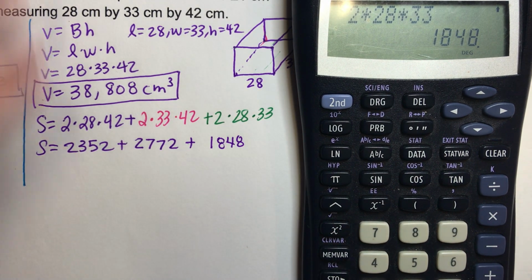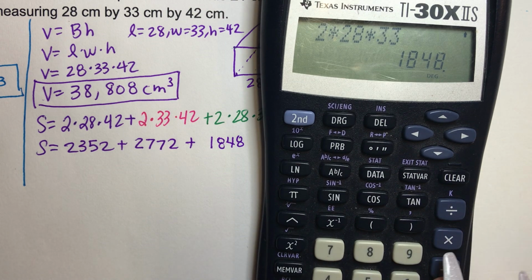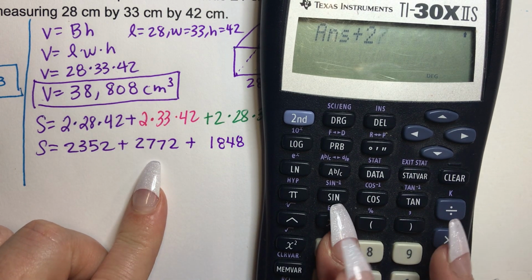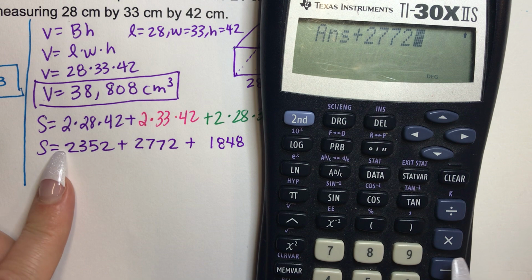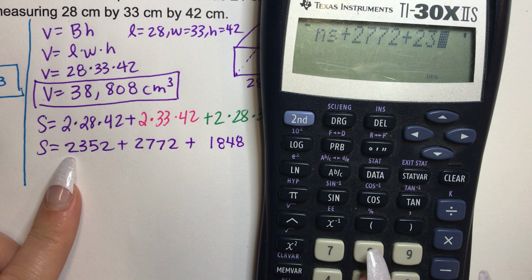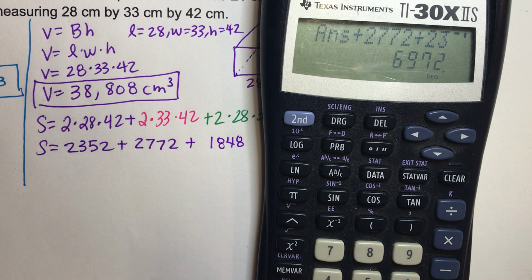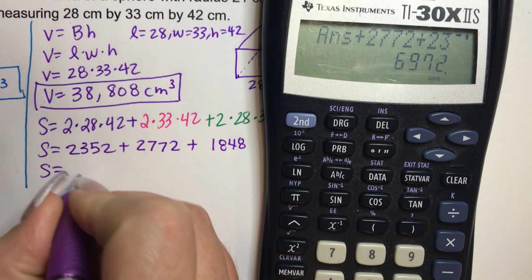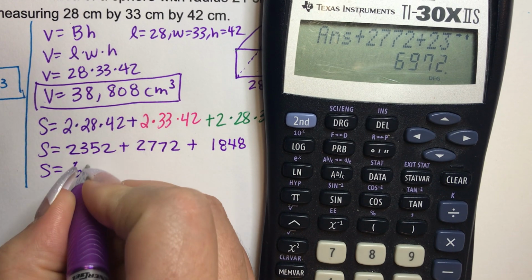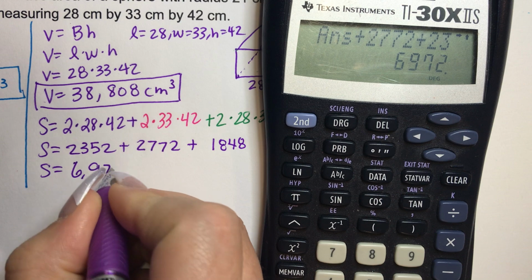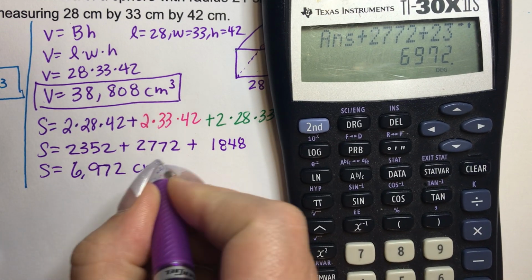Then I'm just going to add up all 3 of these numbers. 2,772 plus 2,352, enter, and the surface area ends up being 6,972 centimeters squared.